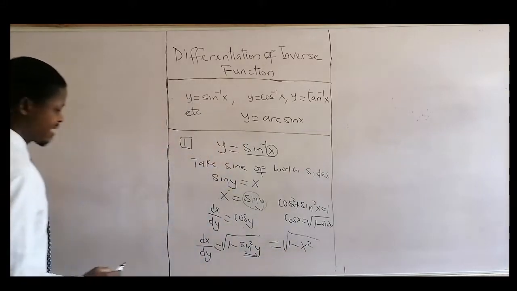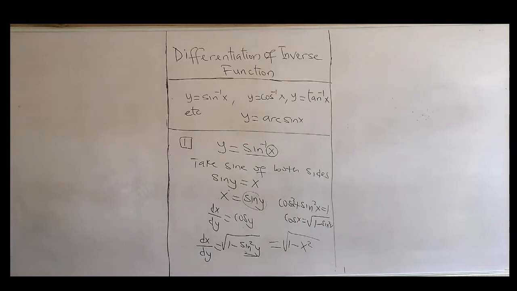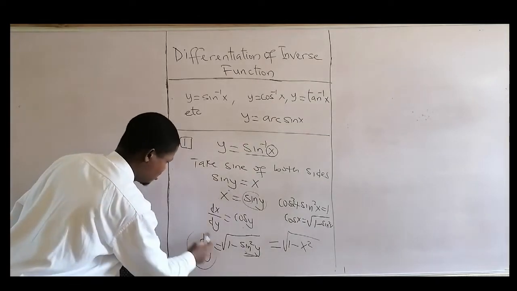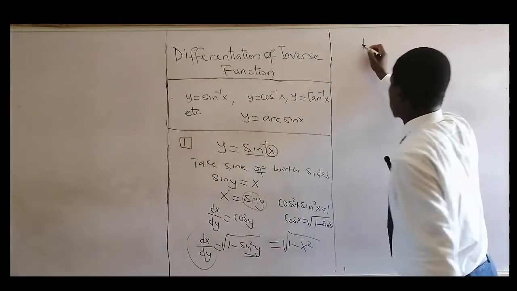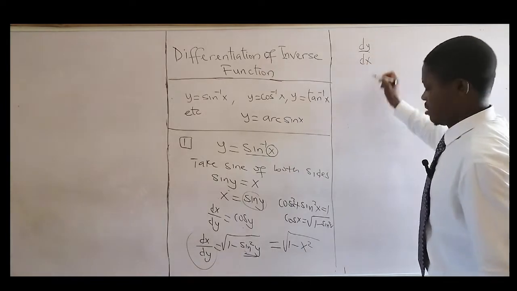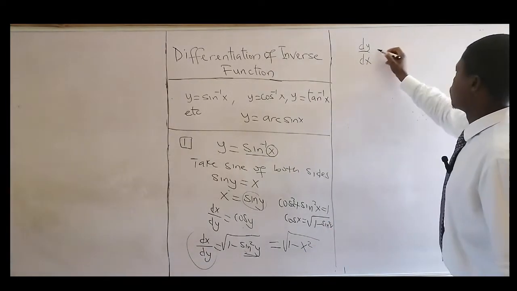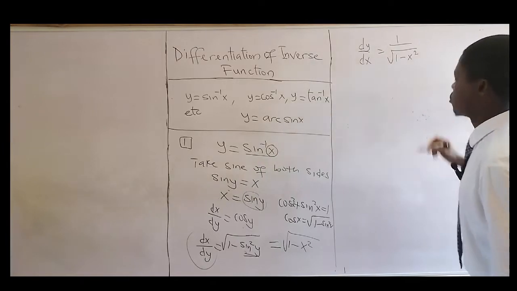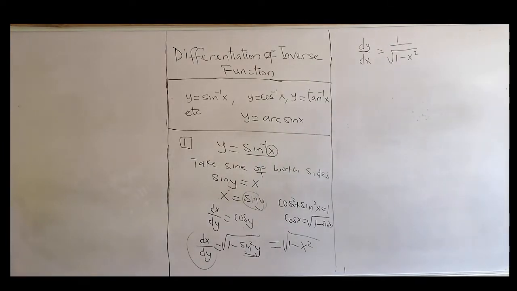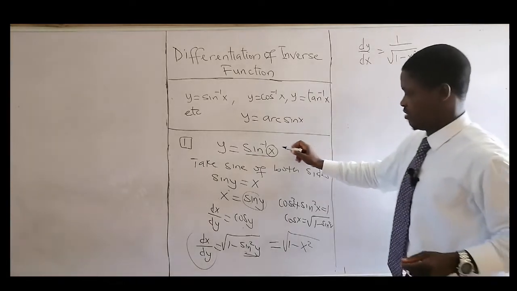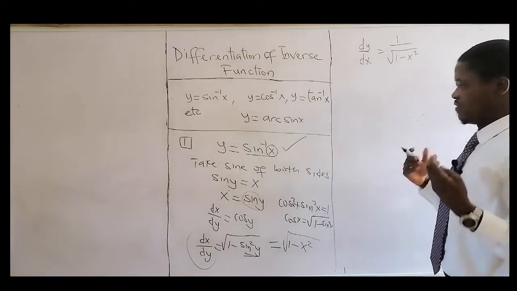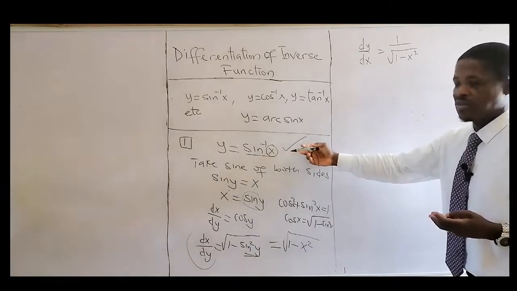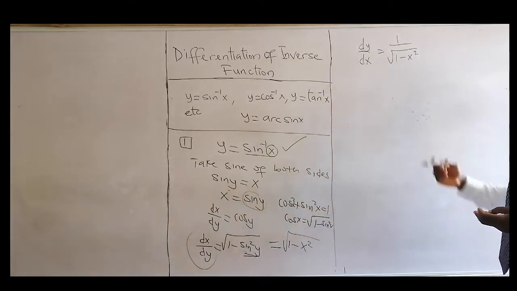Then take the inverse of both sides: dy/dx equals 1 over the square root of 1 minus x squared. So this is the derivative of arc sine x. This is the answer to that.